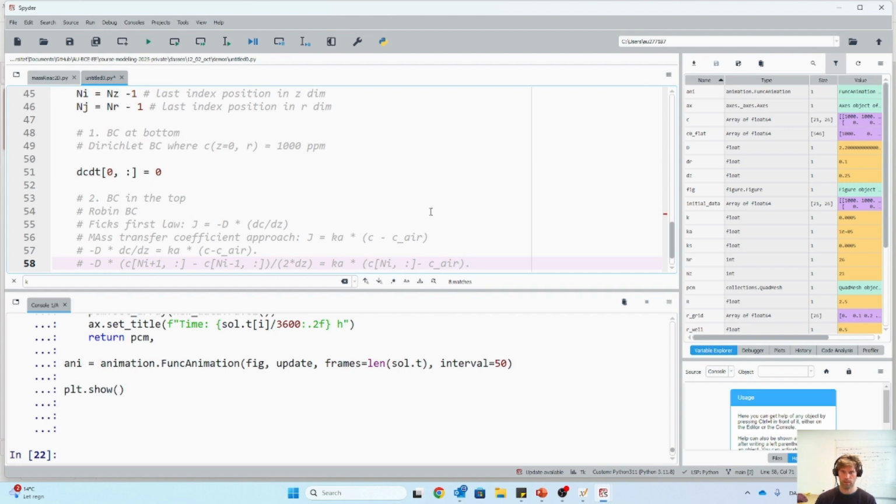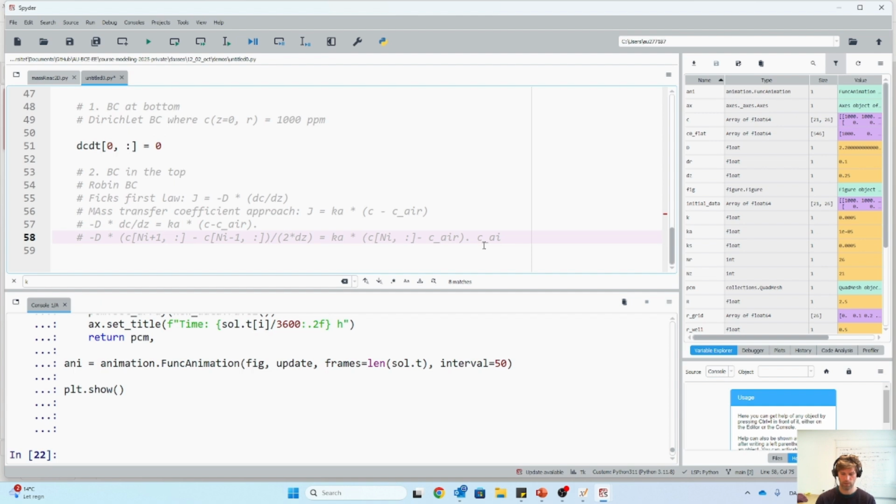And in this exercise, we will just set C air is equal to 0. So there's no hydrogen sulfide in the bulk air.